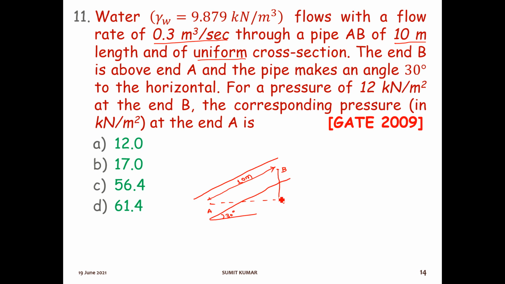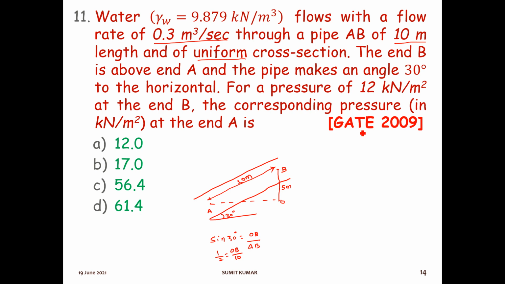And OB is what? Sine theta, sine 30 degrees is equal to OB by AB. Sine 30 is 1 by 2, OB we need to calculate, and AB is 10 meter. So we can calculate OB as 5 meter. So we get the elevation of B.